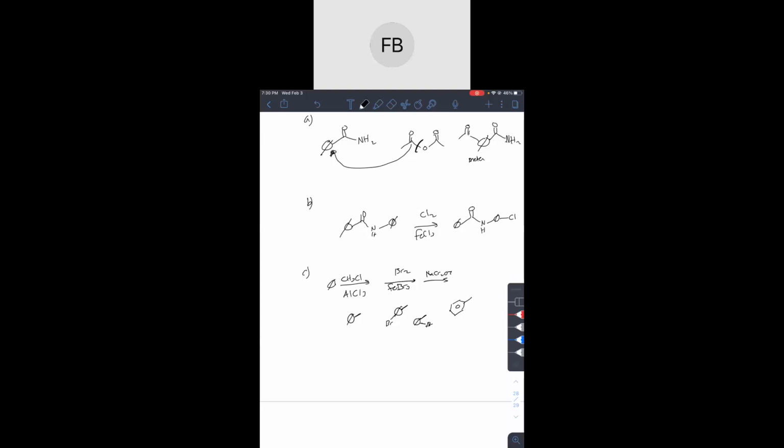That methyl got changed to CO2H. And the bromine remains in the same spot and doesn't get affected by the Na2Cr2O7. So this is what we get. There's two options. Next.